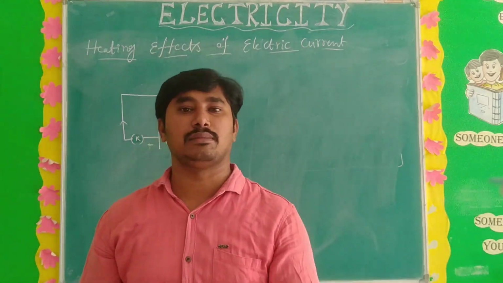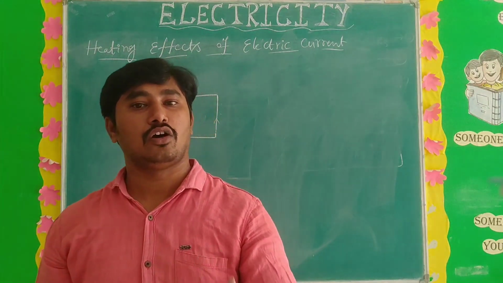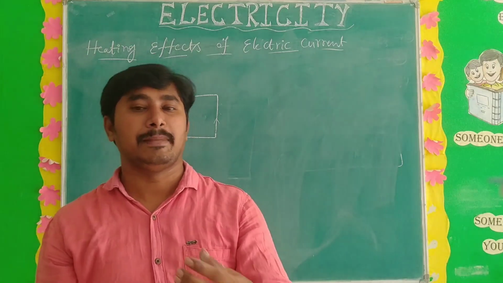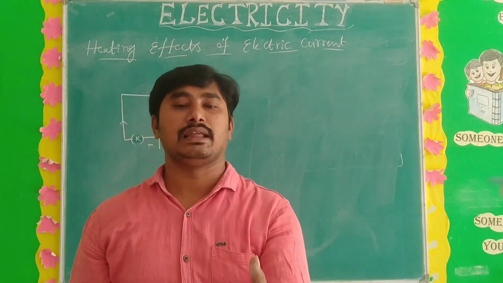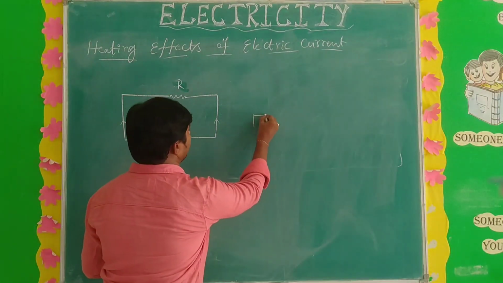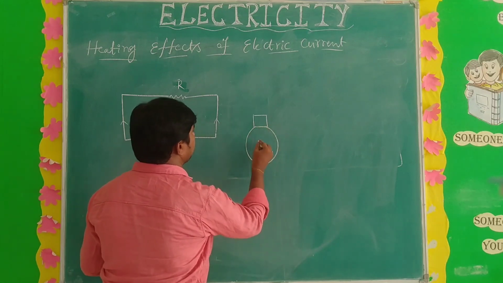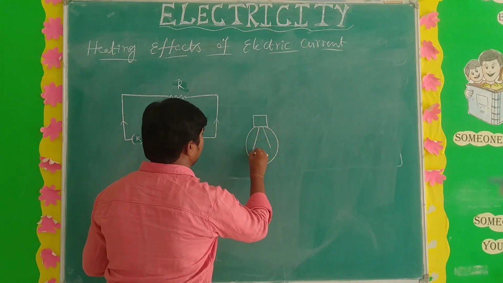You know this especially from bulbs and heaters. In all these appliances, when you pass current through the material, the electrons collide and the material produces light and heat energy. See here, this is a bulb, and this is a filament.